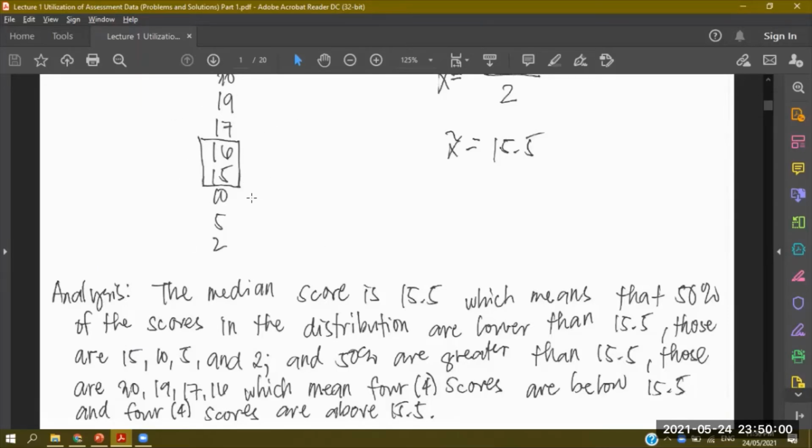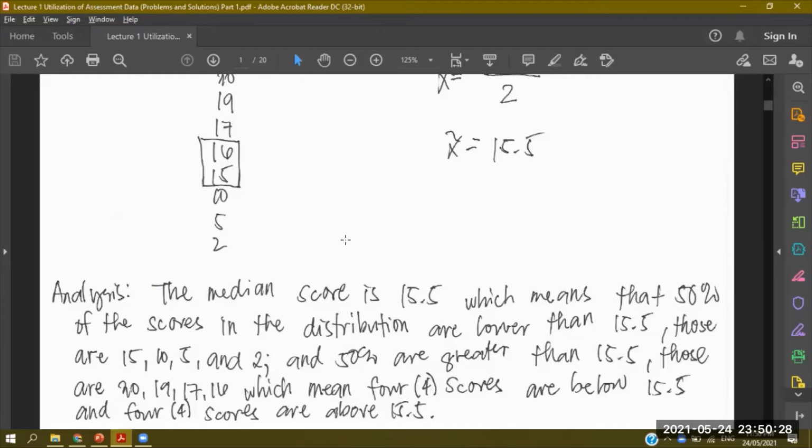Which scores are lower than 15.5? We have 15, 10, 5, and 2. Some of you might exclude 15. This was my mistake when I counted it, because I disregarded 15 already. 15 should be included because 15 is lower than 15.5.